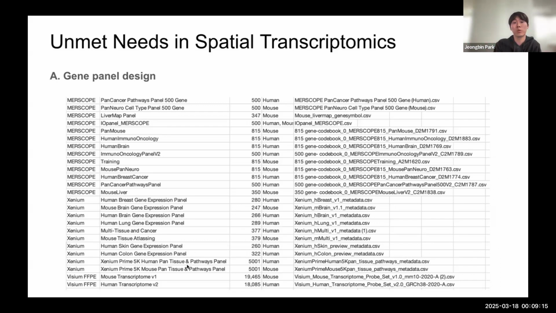Very recently, it is providing 5,000-gene panels. But I do believe that this type of 5,000-gene panel is not that useful in many contexts, because they are not providing gene panels based on biological significance, but based on optical crowding or variability or something like that. That's the technical interpretation.